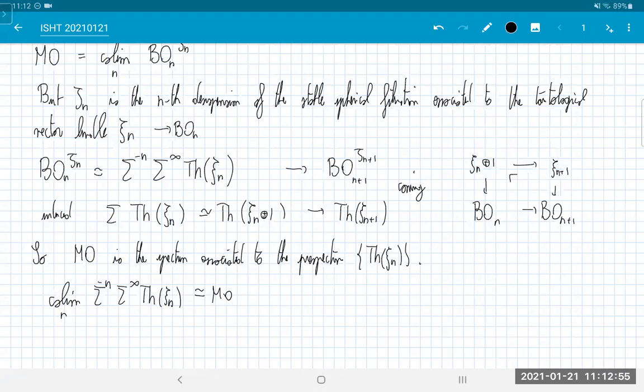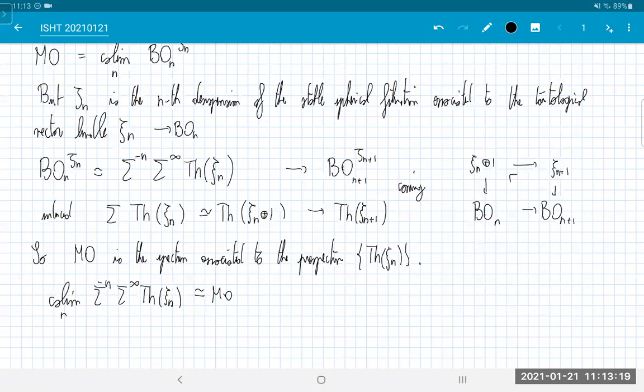And that's actually why I'm saying this. I'm saying this because this is probably the definition of MO that you'll find in most of the literature, certainly in most of the literature written before the year 2000. Actually, even earlier. I think this definition as a colimit that I gave you is much more recent. It comes from a paper with 5 authors that I never remember.